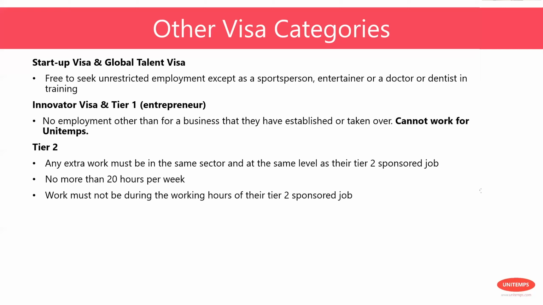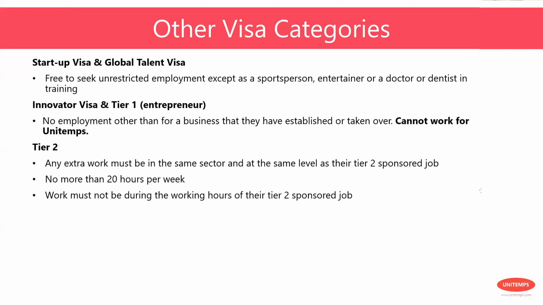The work can be for no more than 20 hours per week, and that is blanket across the entire duration of their role. There's no breaks in that. And work must not be during the working hours of their tier 2 sponsored job. So yes, you have to be careful to make sure they're not working when they should be working on their primary job.